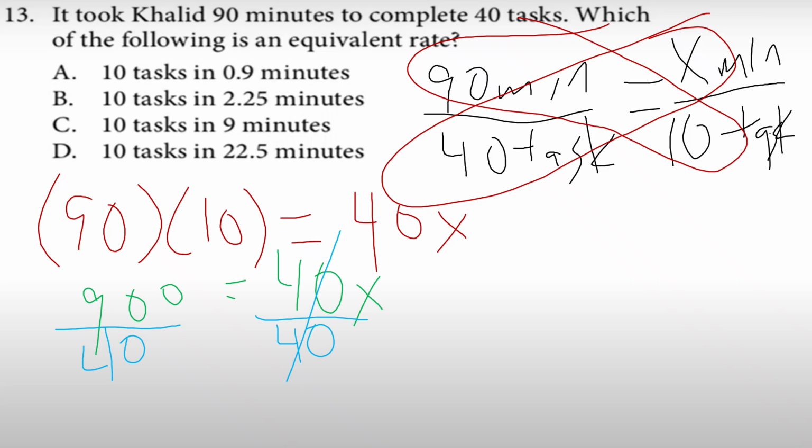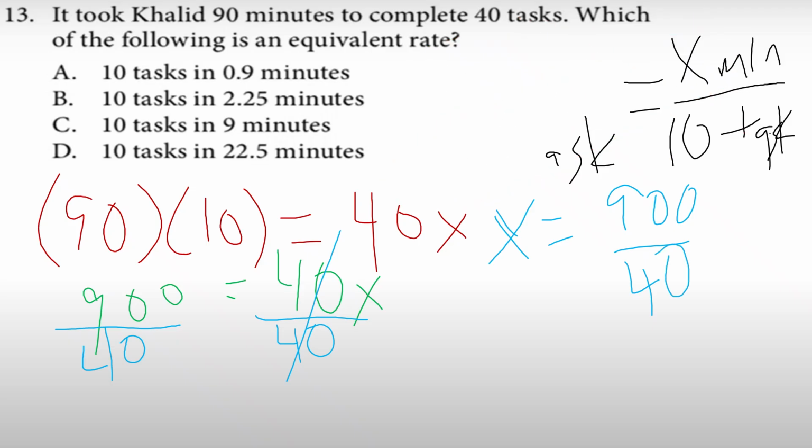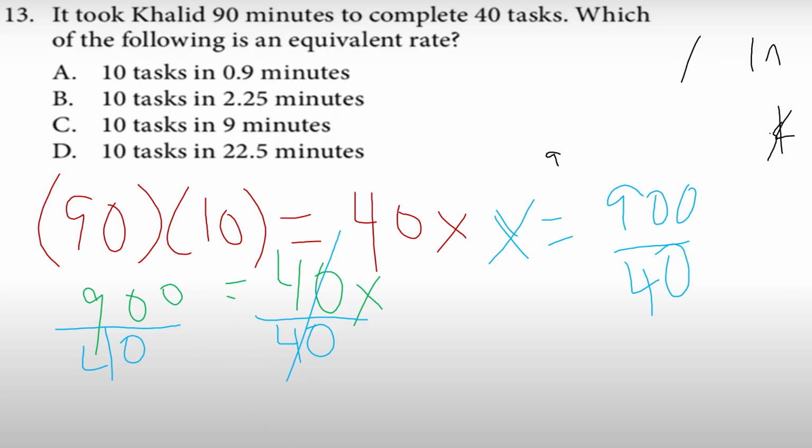This side, the 40 cancels out, so that gives us x equals 900 over 40. All right, I'm going to erase some stuff so I have some room to do this division.